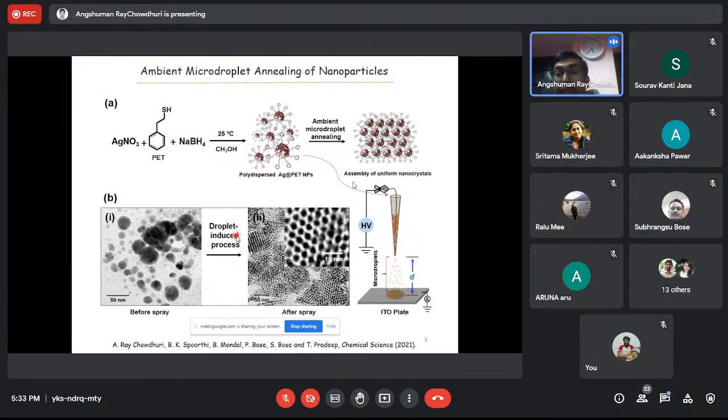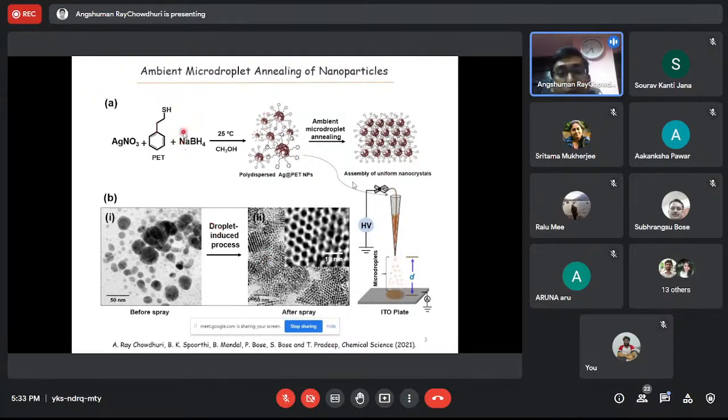It happens within a microsecond time scale. Usually this phenomenon is called electrospray. Spray happens by using some potential, that's why it is electrospray, and this happens within a microsecond time scale, and polydispersed nanoparticles form the monodispersed ones within this time scale. That is the main advantage of this process.